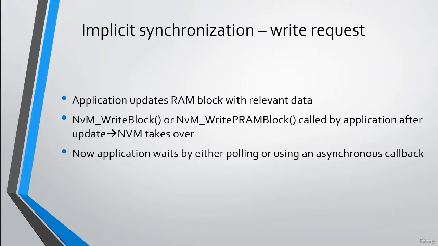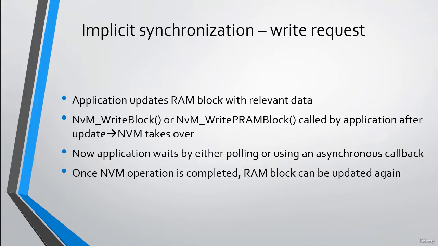This callback will be some API that will be called once the process is completed by NVM. Once this NVM operation is completed, the RAM block can be updated again by the application software component. Fairly simple, right? So that's the use case for a single block write request.